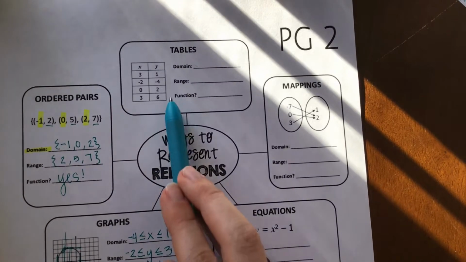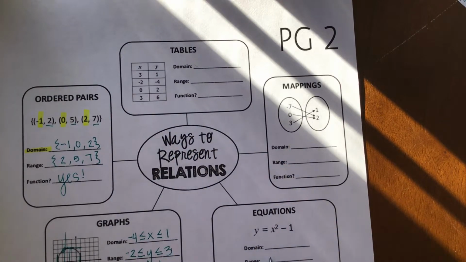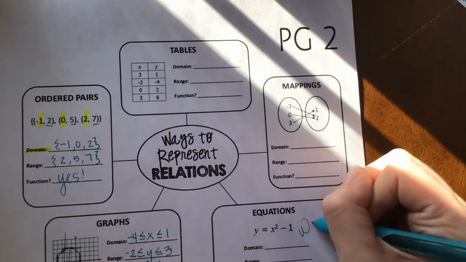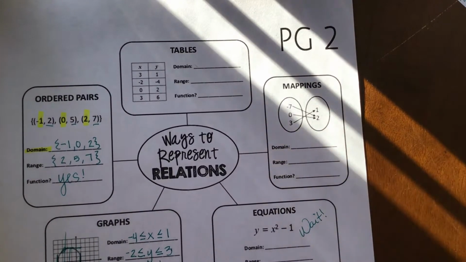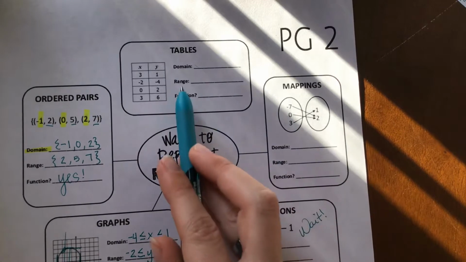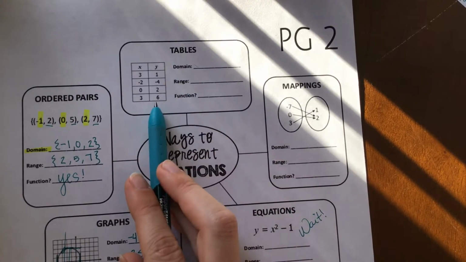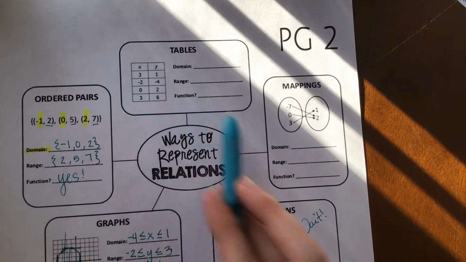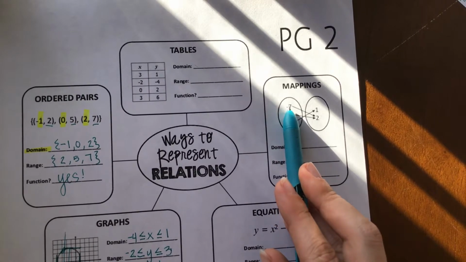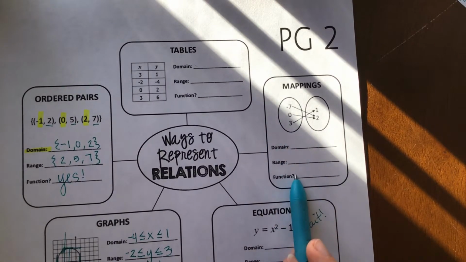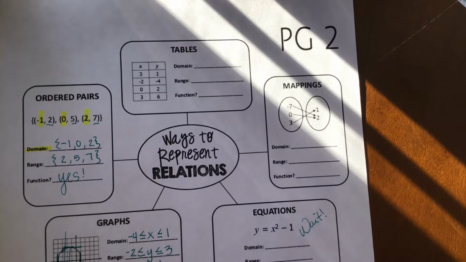Okay. Go ahead and finish these last few on your own. The equation one for the domain and range, that becomes a little bit trickier. So I'm going to have you wait on this one and we'll fill that one out together. But go ahead and try to fill in your domain and range for the table and tell me if you think it's a function or not. And then go ahead and fill in the mapping diagram for the domain and range and if you think that should be a function.